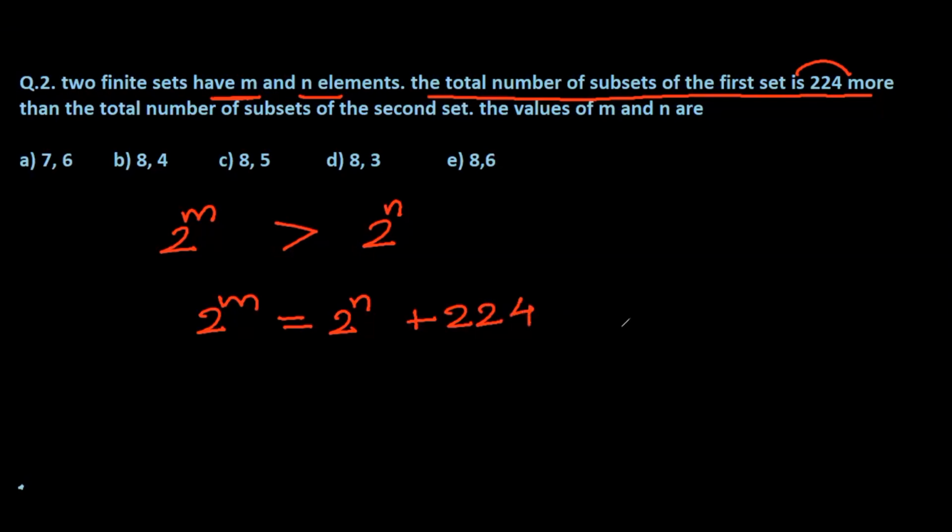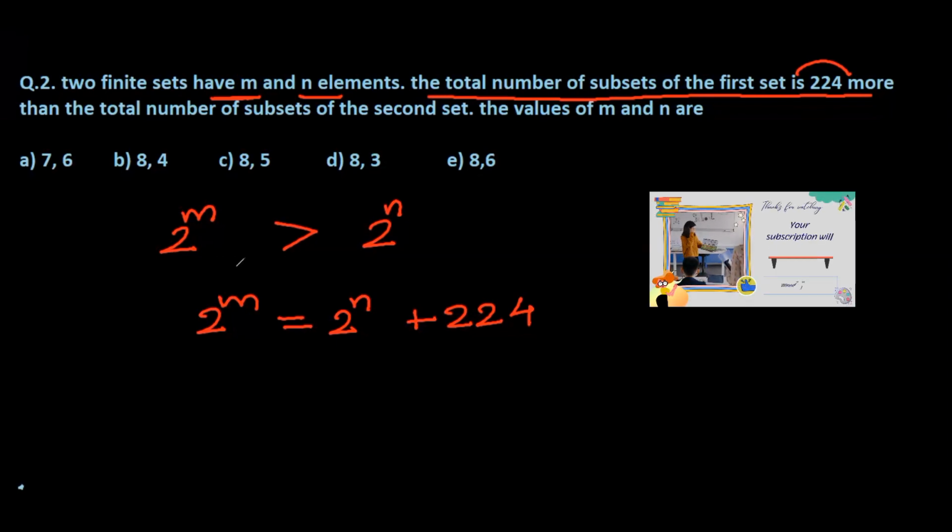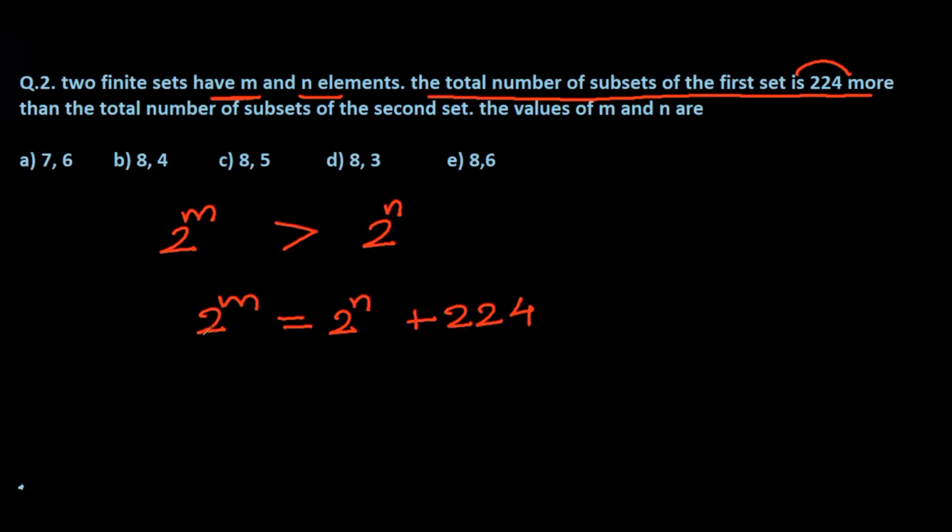Hope all of you understood up to this. Now let us check the options. Anyways, 2 raised to m should be greater than 224, right?